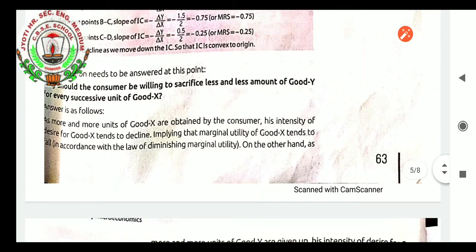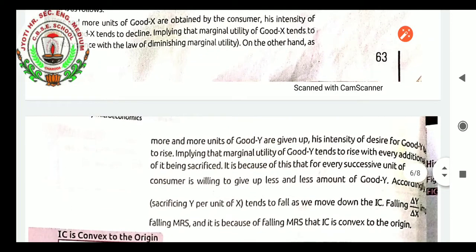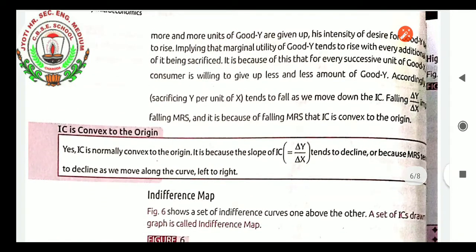It is known as diminishing marginal utility. The law of diminishing marginal utility says that in the good from which the consumer gets maximum satisfaction, he will tend to decrease its consumption so that he can increase the consumption of another commodity by one more unit. So because of this also, IC is convex to the origin.